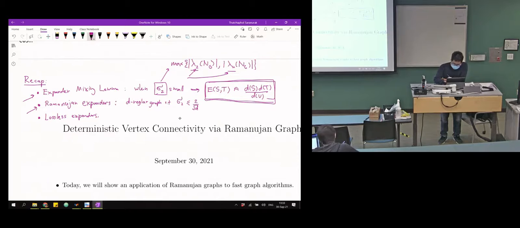If you want to be precise, something like this. And this is tight, you cannot be much smaller than that.